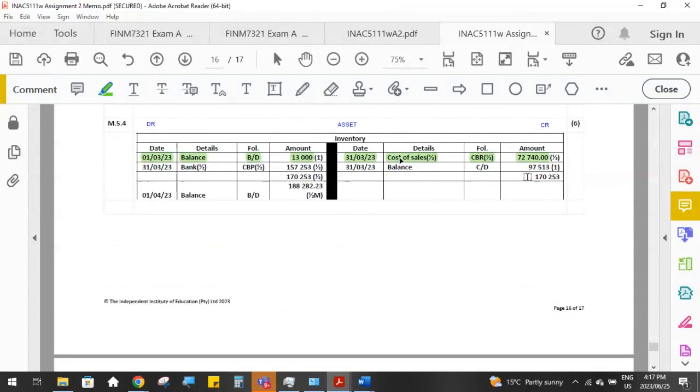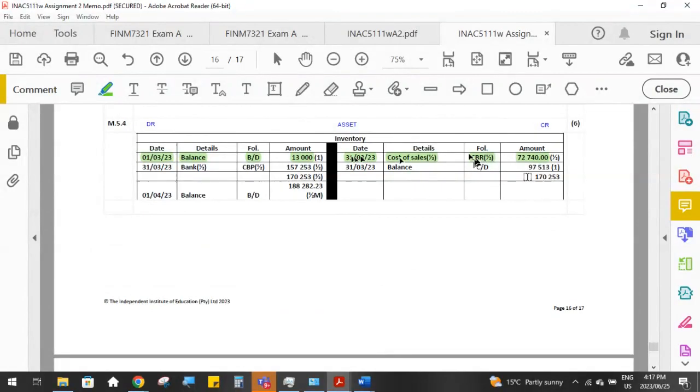Then under the details column, I write down the name of the general ledger account that is getting the debit, which is cost of sales. And I must write down the folio, which means which subsidiary journal did this entry come from. And it came from the cash book receipt, so I must write down CBR.